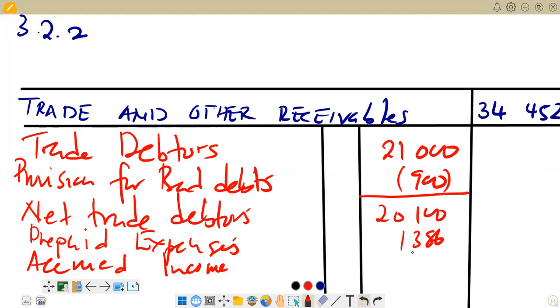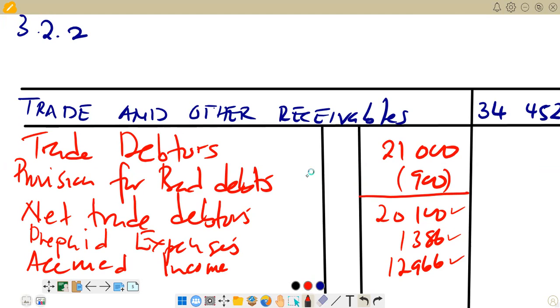On accrued income, we've got 12,966. So this marks the end of the figure that we have in terms of trade and other receivables. So we are now adding this one, which is our net trade debtors. We add our prepaid expenses, and then we add accrued income to get the total. That is 34,452. So this is what we have in terms of trade and other receivables.